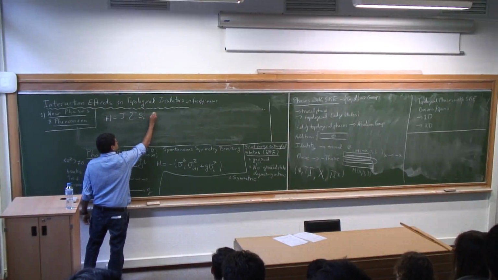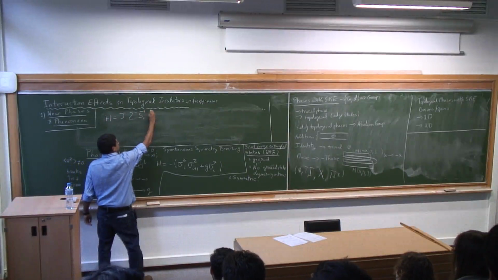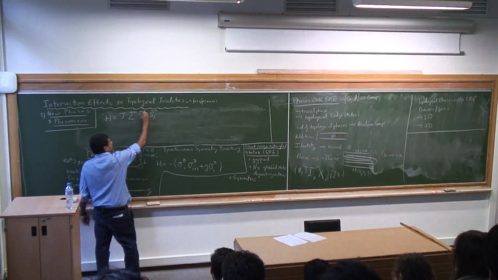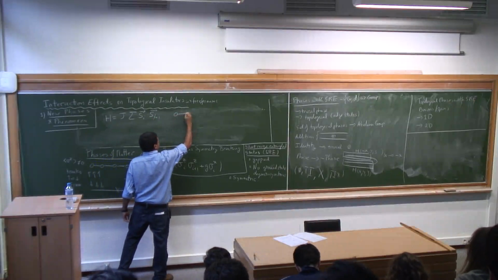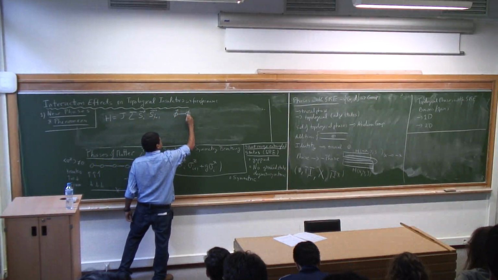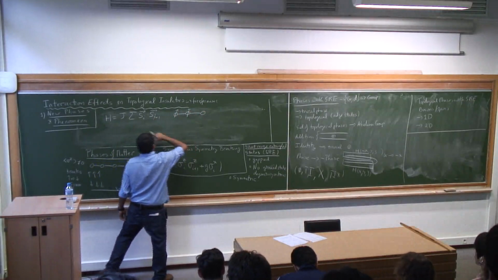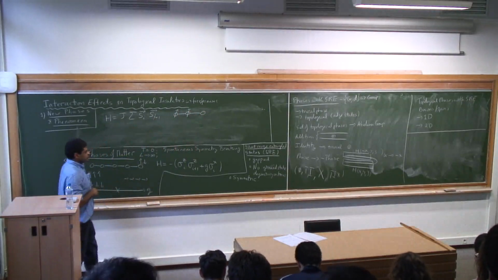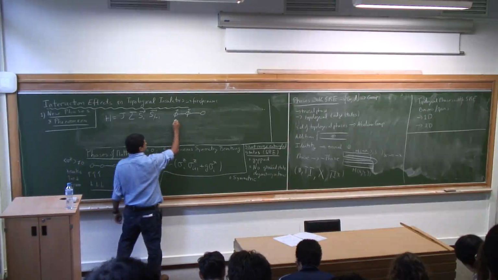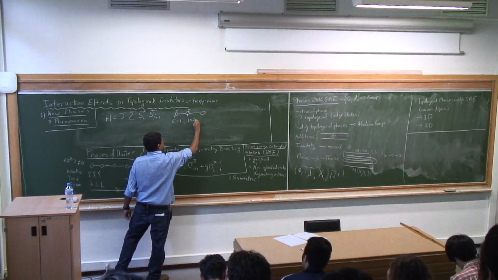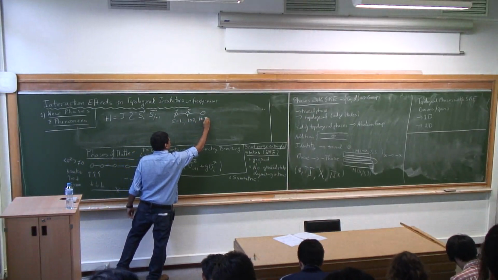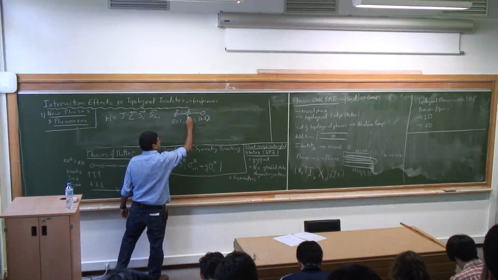So the somewhat surprising thing is that if you take this very simple Hamiltonian, which is just spin 1 moments on a chain with Heisenberg antiferromagnetic interactions. So this is spin equal to 1, so there are 3 states on every site: a 0 and a plus or minus 1 spin projection.